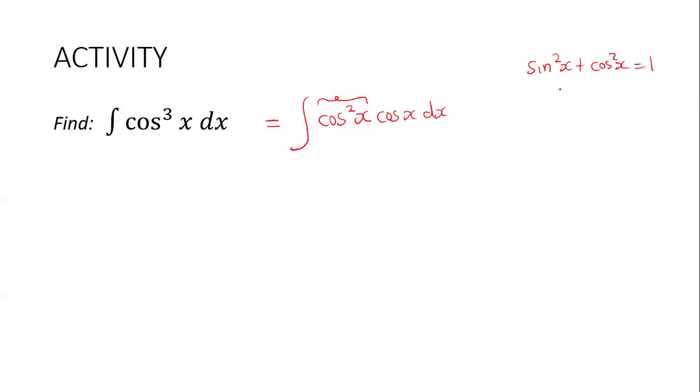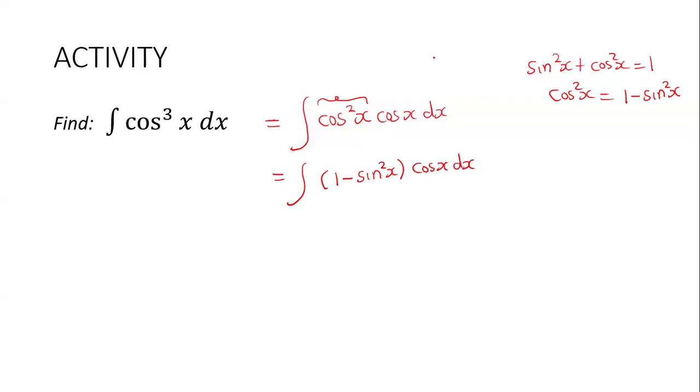Cos squared x is the same as 1 minus sine squared x. So where there is cos squared x, I'll put 1 minus sine squared x. So this is 1 minus sine squared x cos of x dx.